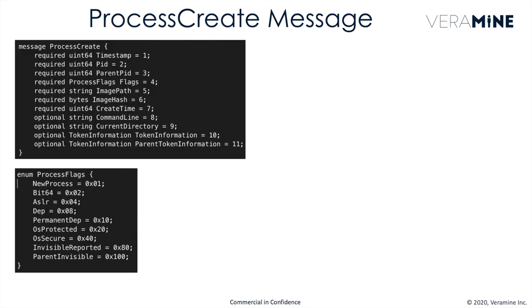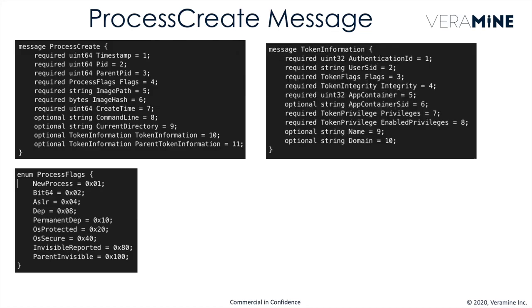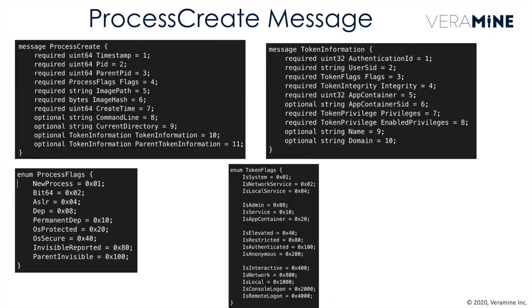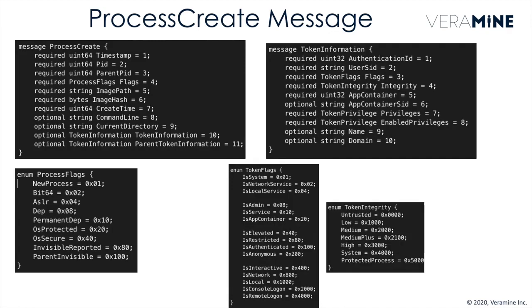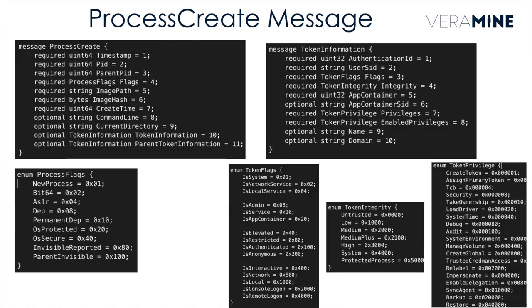That's why these messages are super detailed and in depth. We show the token of that process and the parent token of that process. Within that token, we'll show all the token flags, the token integrity, the privileges that are enabled, and the privileges that are possible for that process.